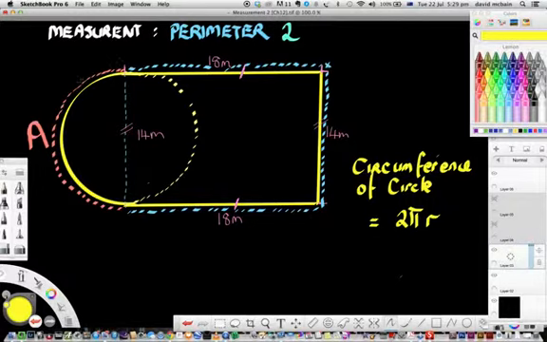This distance that we want, A, is going to be half of that. So it's going to be whatever we get here with the answer divided by 2. So if we work this out and divide the answer by 2, that will give us the distance A. So let's work it out.